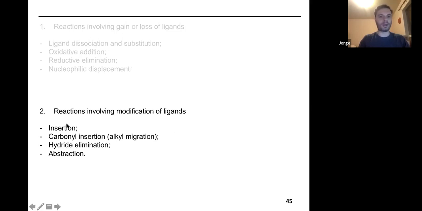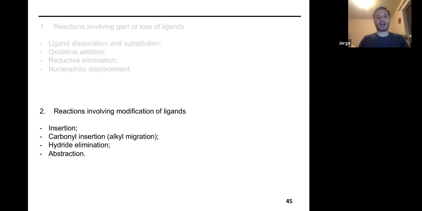It's quite long. So now we are going to take a look at reactions involving modification of ligands. In other words, we are going to do reactions that change the structure or the formula of the ligands that are coordinated to the metal center. 4 different types: insertion, carbonyl insertion, that's also named alkyl migration.